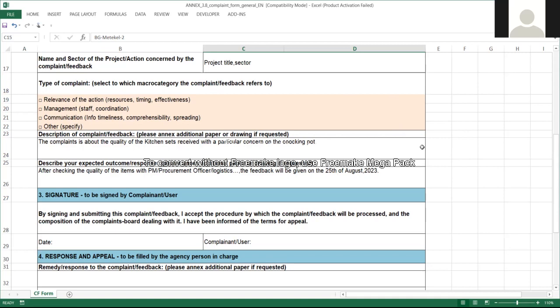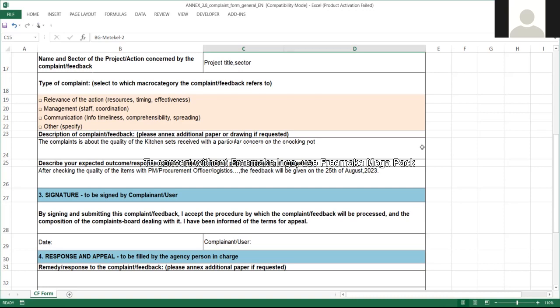This example, for example, says the complaint is about the quality of the... This is what I wrote. It was taken from just my perception, not from any project. Don't take it as something real. So the complaint is about the quality of the kitchen sets received with a particular concern on the cooking pot. If, for example, a beneficiary is not satisfied with the quality of the cooking pot, so you have already got the idea about what the complaint is. So you just suggest what would be the outcome.